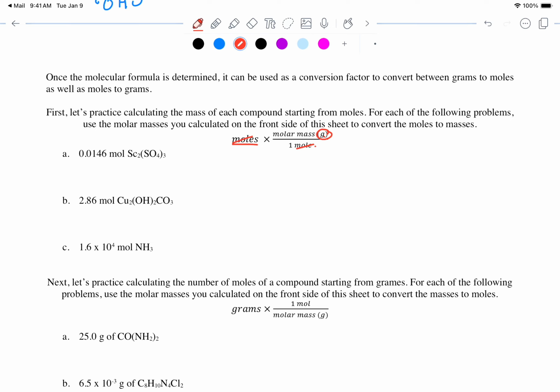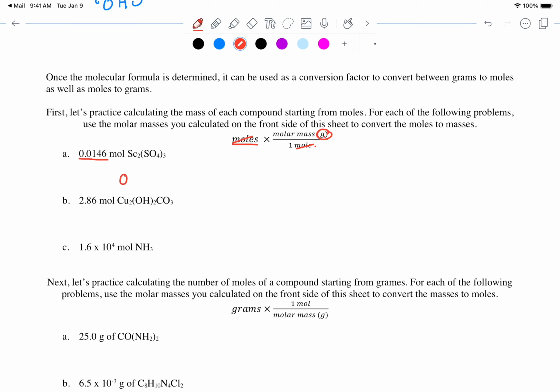We are going to take our Sc2(SO4)3 that we just calculated the molar mass for, and we are going to find the number of grams in 0.0146 moles.